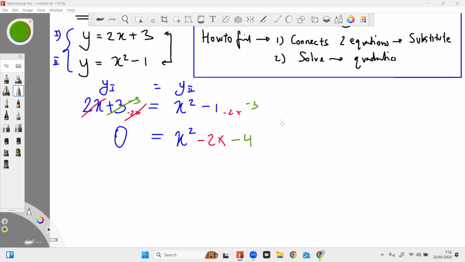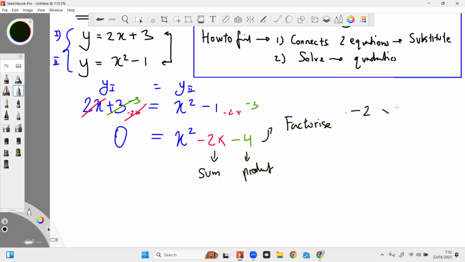Yes. We use the fishbone, or we can use the factorization rule. But can we find the numbers that sum up to negative 2 and have a product of negative 4? Are you sure? You multiply the numbers, you will get negative 4.